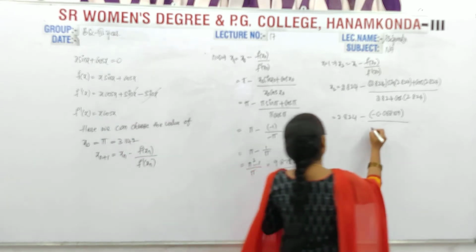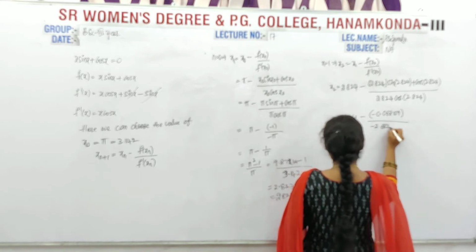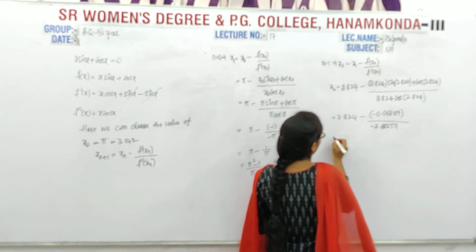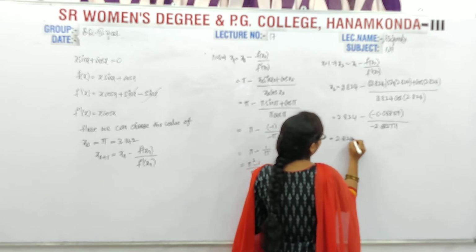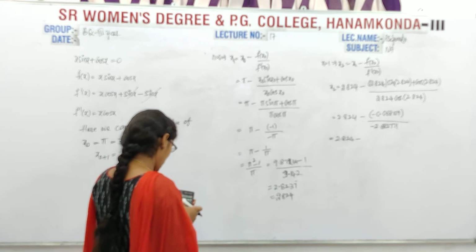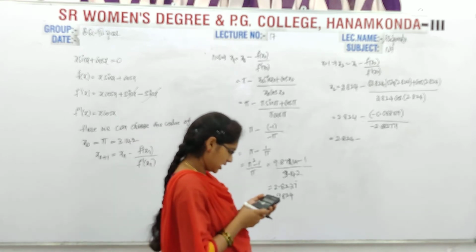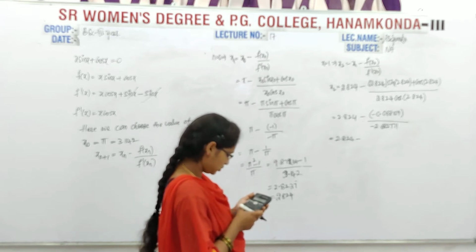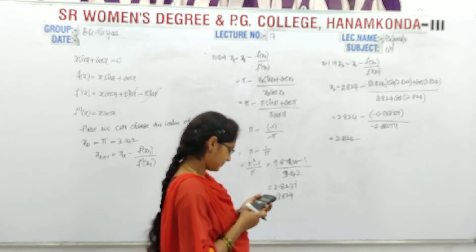Minus 2.682771. Now it is 2.824 minus 0.068109 divided by 2.682771.